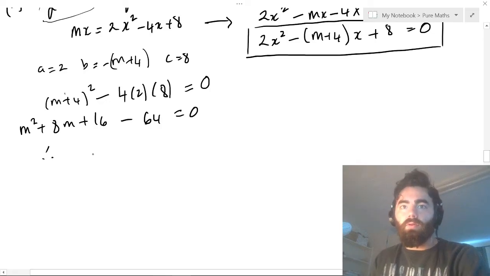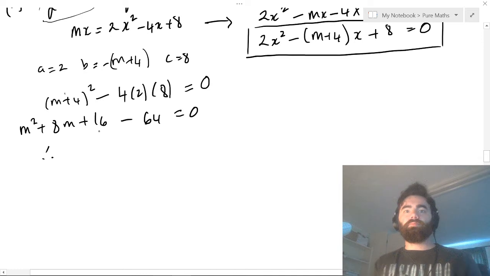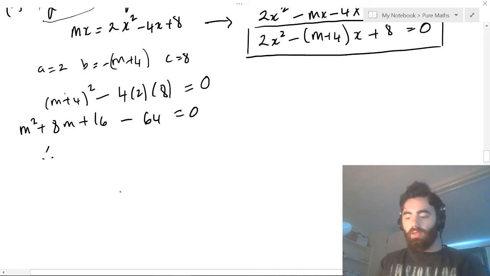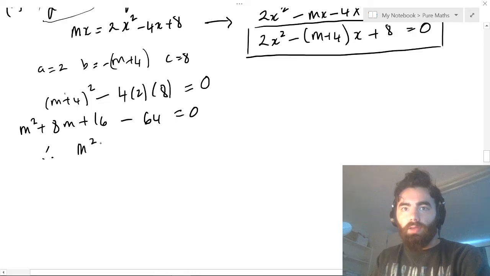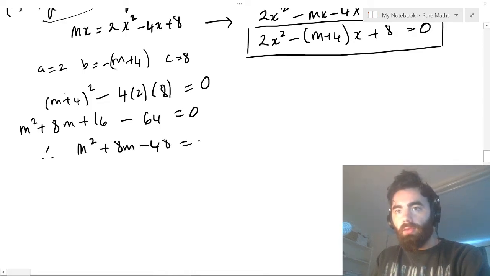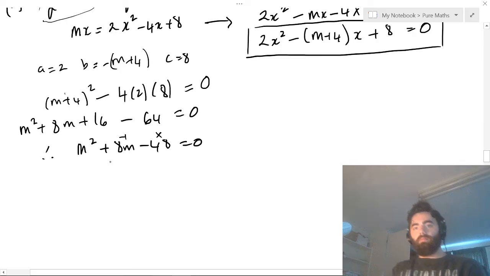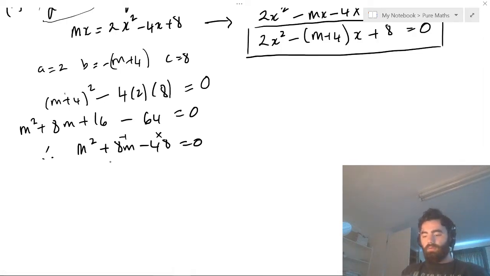So therefore we get 16 minus 64 is minus 48. So we get m squared plus 8m minus 48 equals 0. So we look at what plus into that, which times is into that. Well, it's going to be negative 4 plus 12.